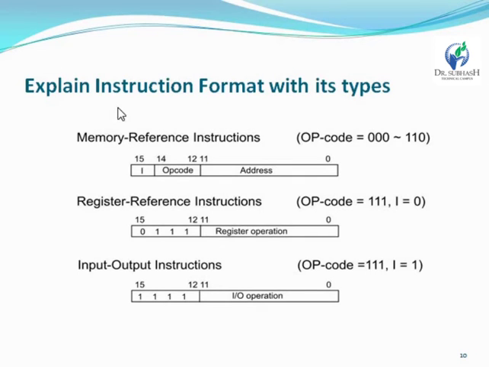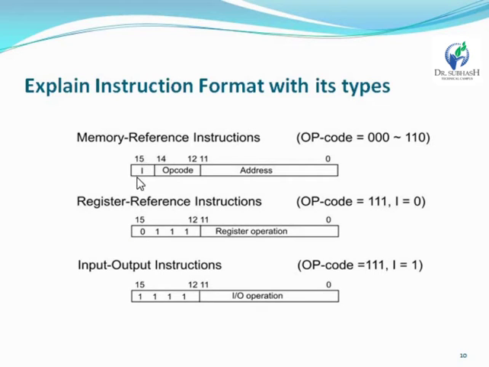Now we can show the instruction format. So what is the instruction format? There are three types of instruction format: memory reference instruction, register reference instruction and input output instruction. In memory reference, bits 0 to 11 are the address bits, the remaining 3 bits are the opcode, and the last bit is I. In register reference instruction, bits 0 to 11 are the register operation, the remaining 3 bits are 111, and the last bit is 0.